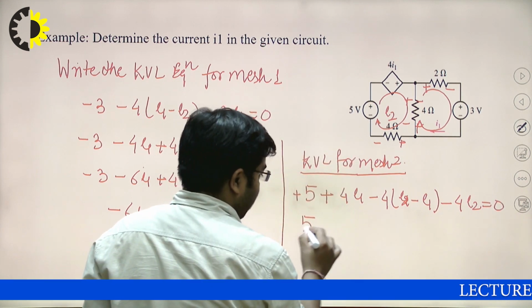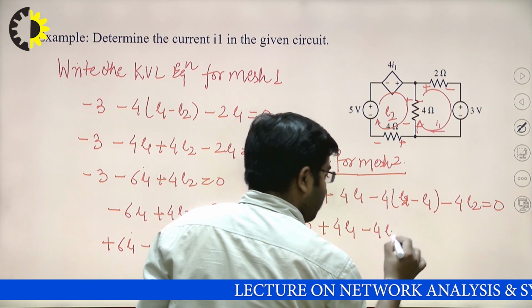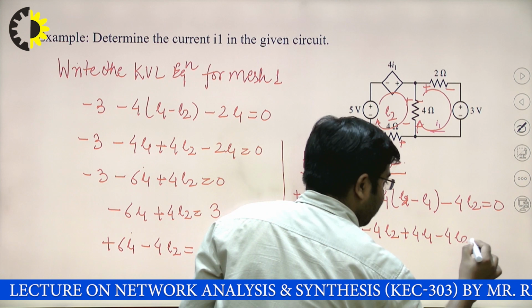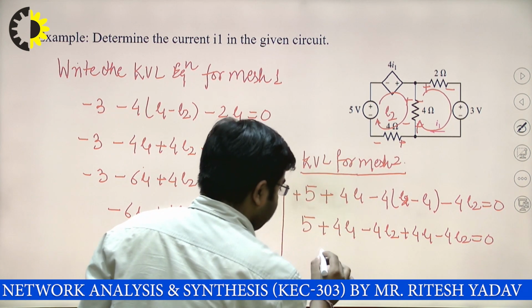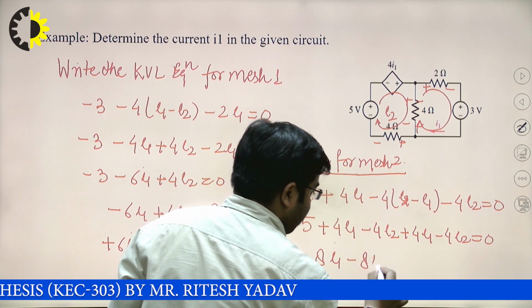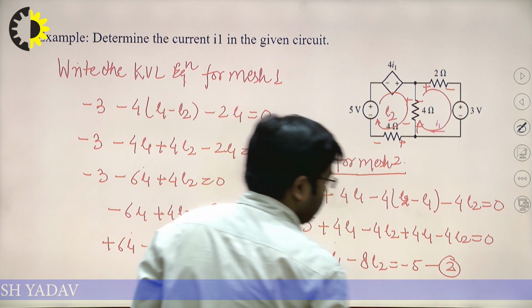So you can write 5 plus 4 I1 minus 4 I2 plus 4 I1 minus 4 I2, that is equal to 0. So it will be 8 I1 minus 8 I2, that is equal to minus 5. This is equation number 2.